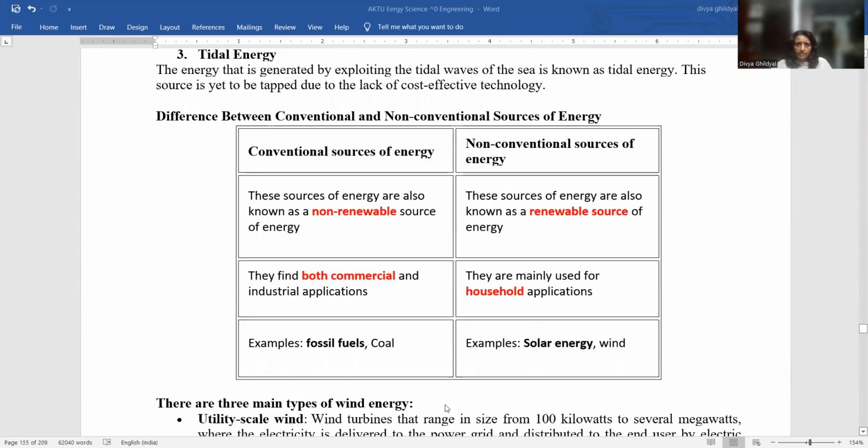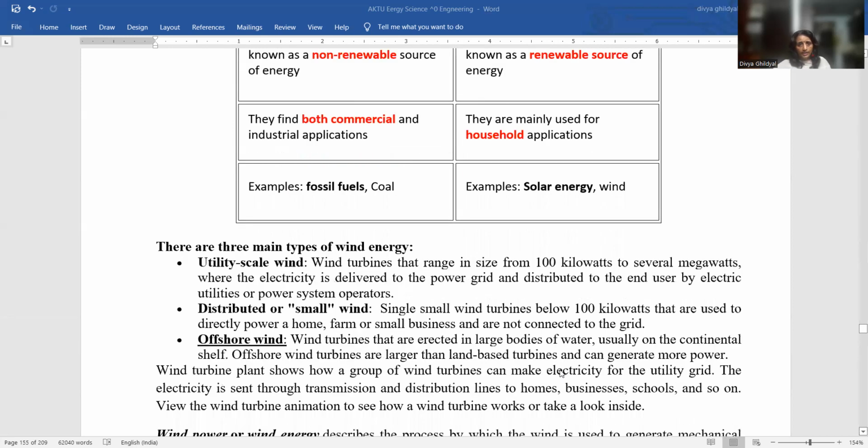So once again, conventional and non-conventional: the non-renewable ones are the conventional sources of energy. The renewable ones are the non-conventional sources. Conventional go more for commercial and industrial applications. Non-conventional are the household applications. Conventional, example, fossil fuel. Non-conventional, solar energy.